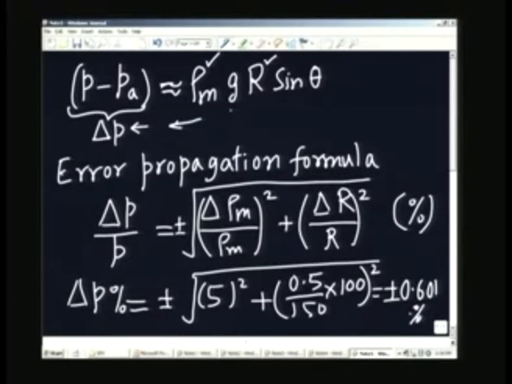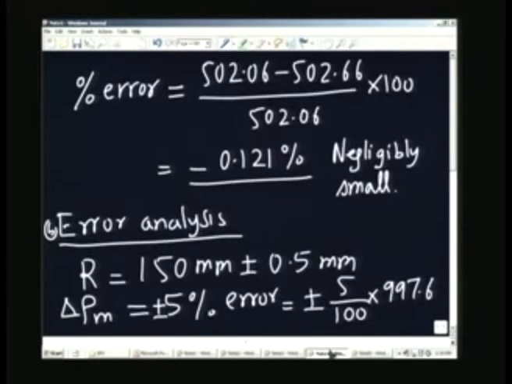Let me just go back. This is 0.5%. So, let me just correct it, not 5%. Actually, it is 0.5 by 100 into 9.